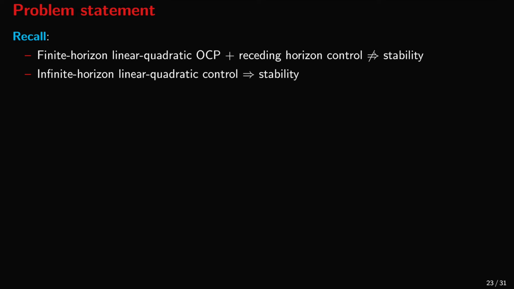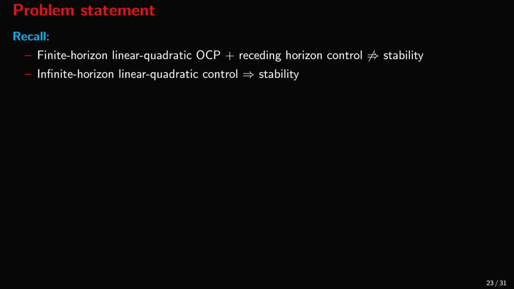We will now show that kappa infinity star has some favorable properties related to stability and invariance. Recall that if we solve a finite horizon optimal control problem, even a linear quadratic one, and we obtain a receding horizon controller kappa N star, the closed loop system will not necessarily be stable.